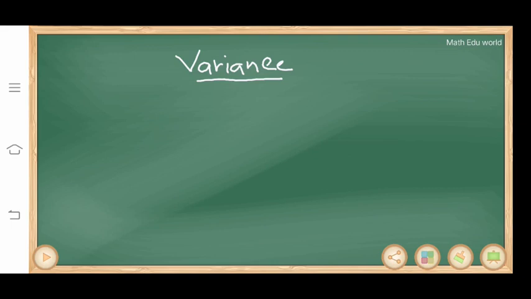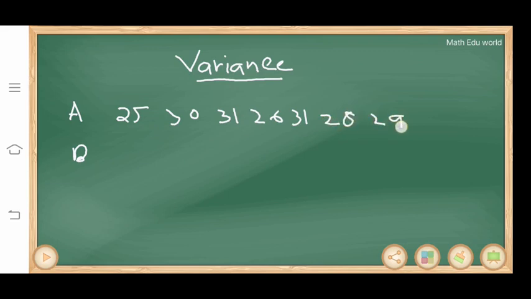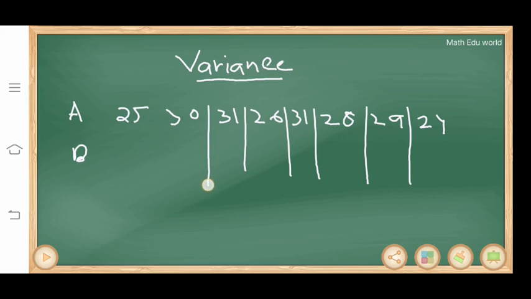We know that a measure of central tendency alone doesn't describe or summarize a set of data fully. If you take two sets of data, data A and data B, suppose data A has 25, 30, 31, 26, 31, 28, 29 and 24. These are the values collected.